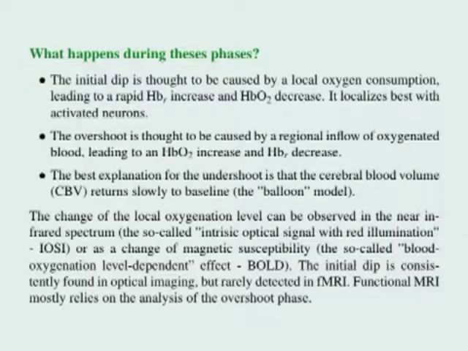The overshoot phase is then thought to be a result of a regional inflow of oxygenated blood leading to an HbO increase and an HbR decrease. The terminal undershoot is largely a result of a change in cerebral blood flow.